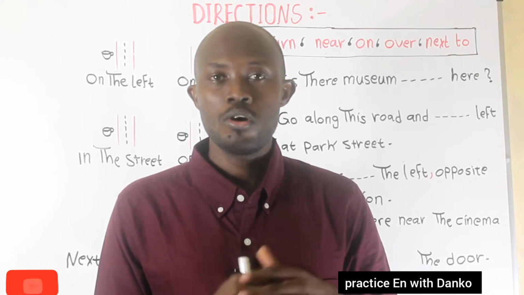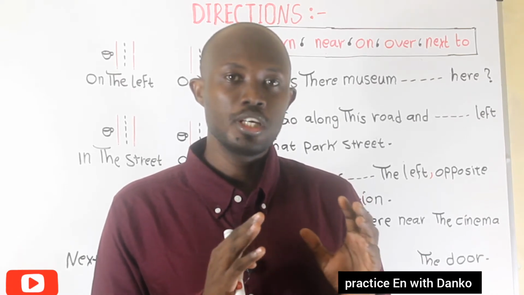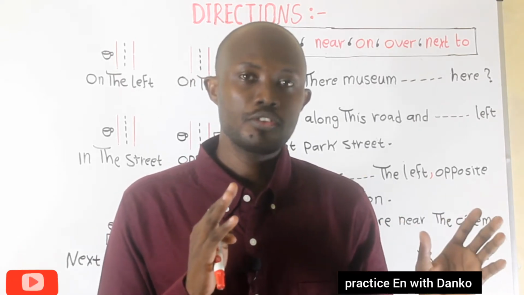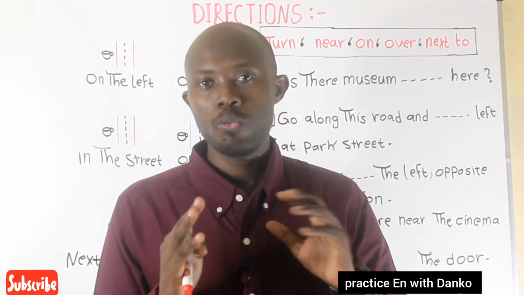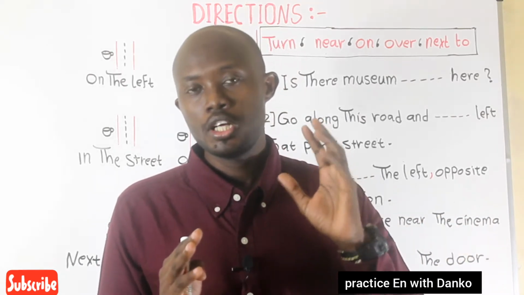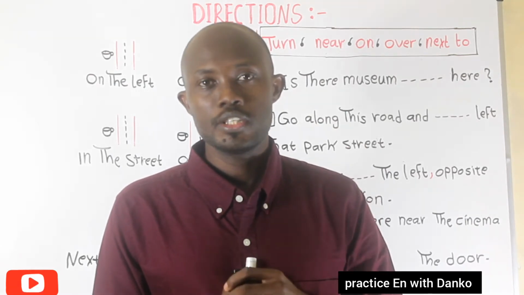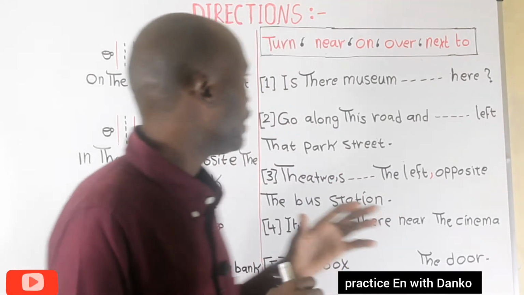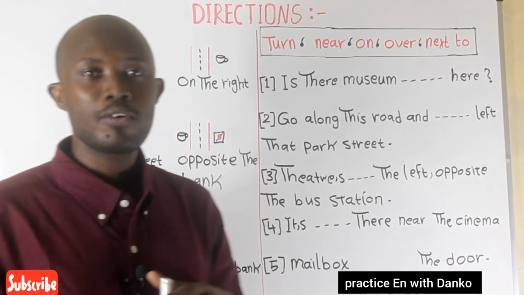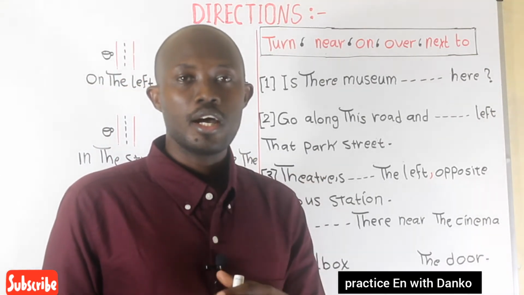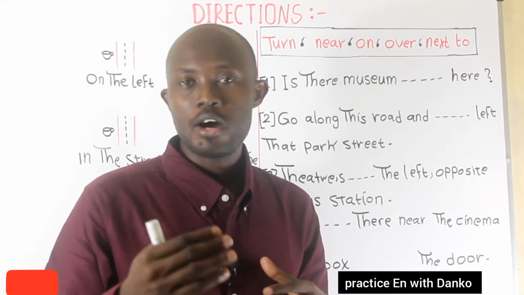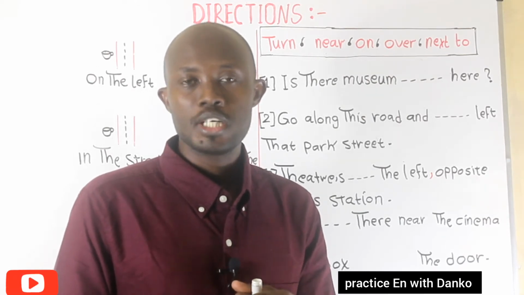Ordinal directions are between north and south, or between west and south, or between north and east. But today in this session we are going to ask and answer about how to tell someone about directions.